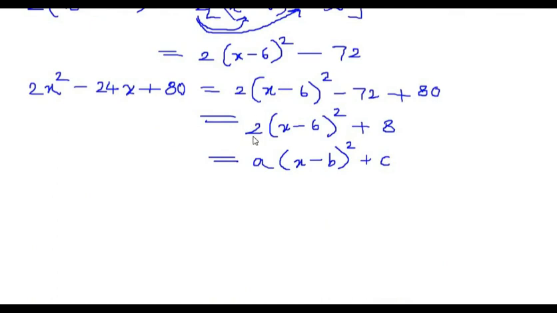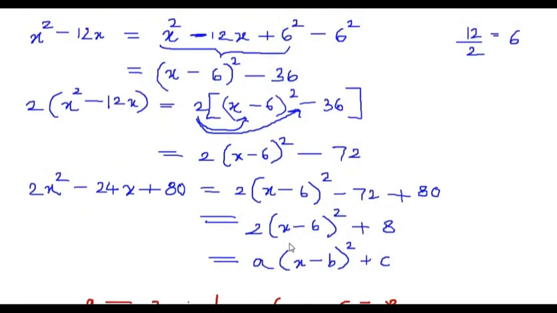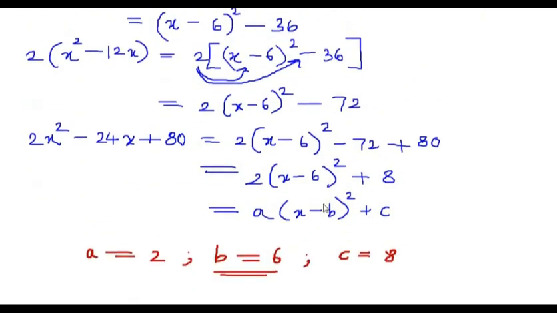So here a is equal to 2, b is equal to 6 and c is equal to 8. So this is the answer. We have changed the quadratic expression to the completing square form.